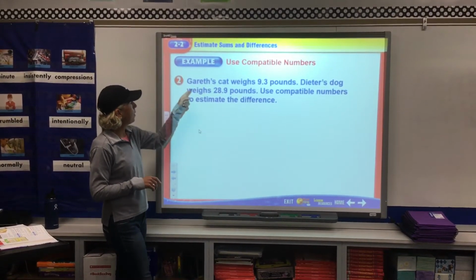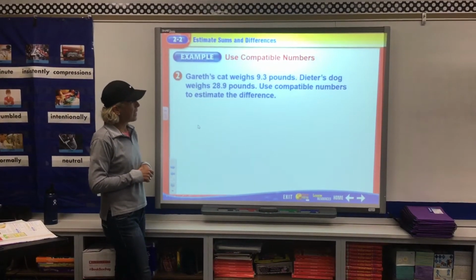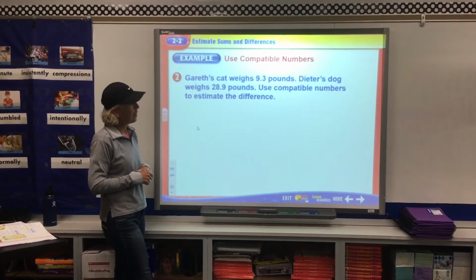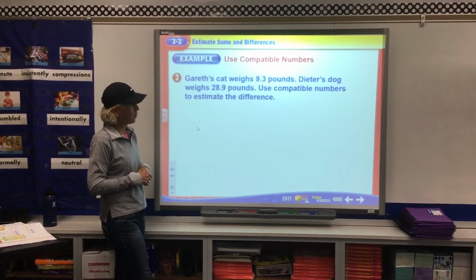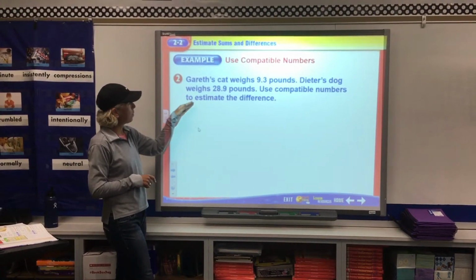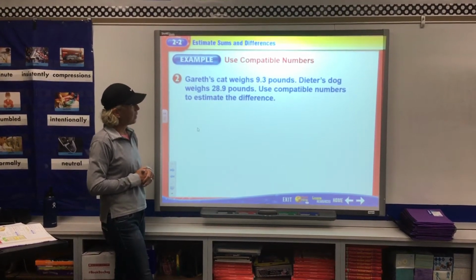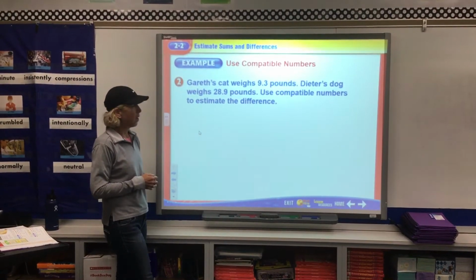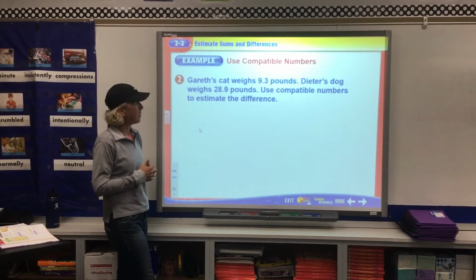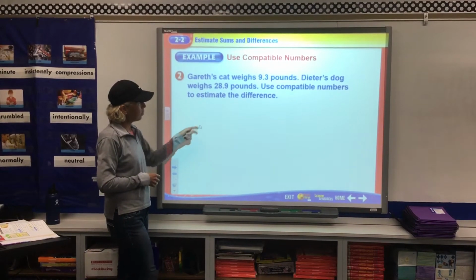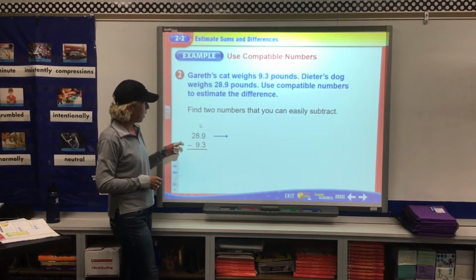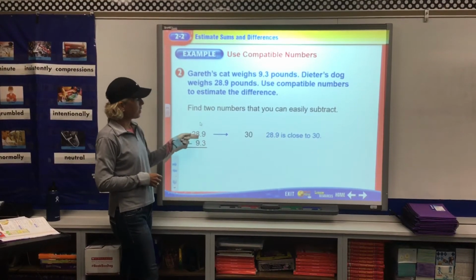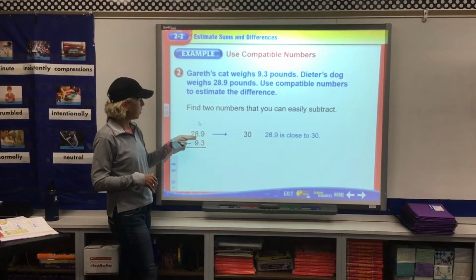In this example, Garrett's cat weighs 9 3/10 pounds. Dieter's dog weighs 28 9/10 pounds. Use compatible numbers to estimate the difference. Sometimes compatible numbers are the same as those that you would estimate. So in this case, they're going to start with 28 because we're subtracting the larger number, excuse me.